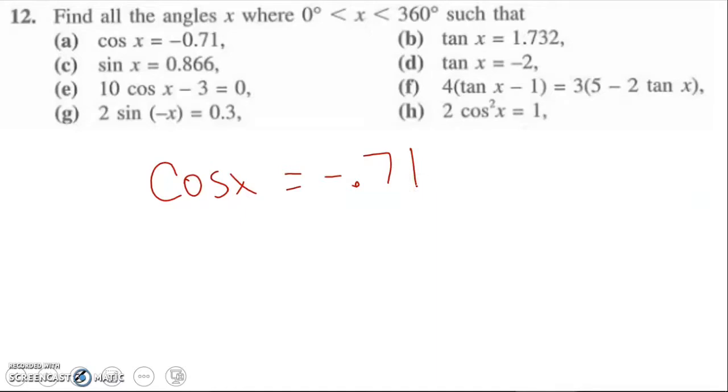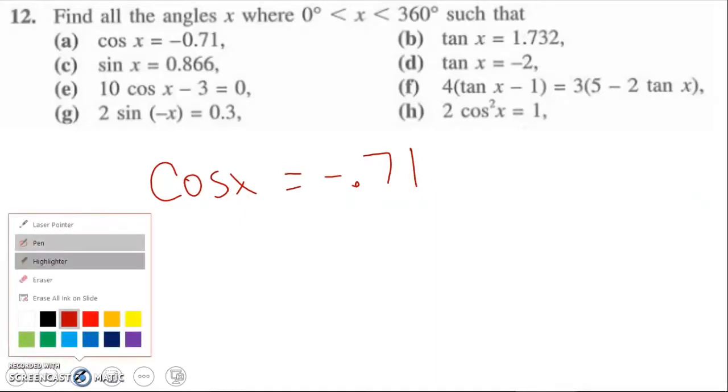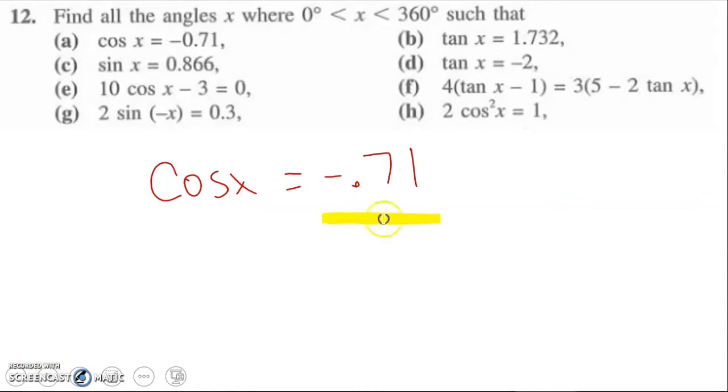0.71. Now, what we have here is the function or the ratio of cosine. Remember, cosine is just adjacent over hypotenuse, and the value of adjacent over hypotenuse is just negative 0.71.